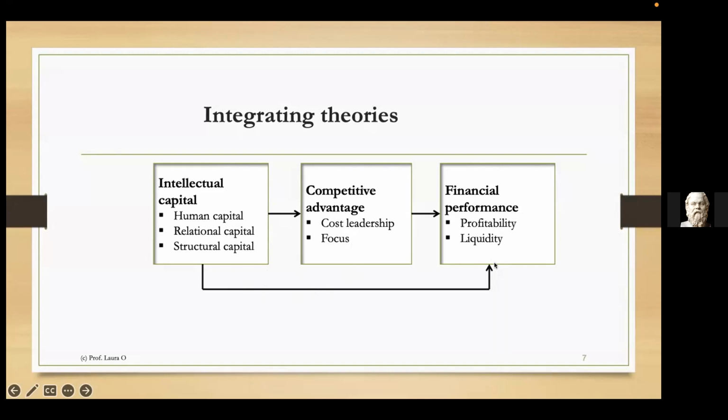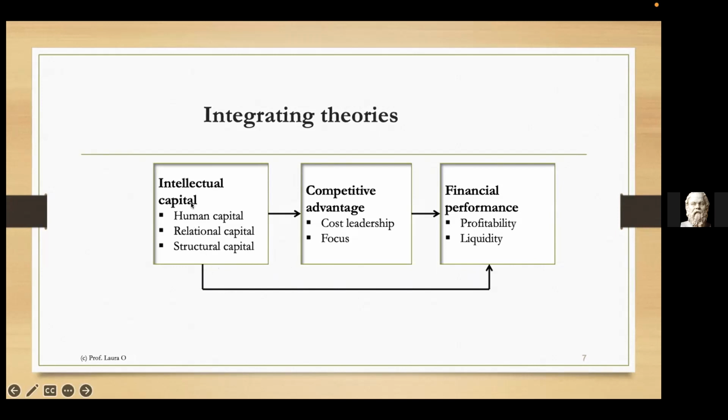So friends, the emphasis I'm putting here is, it's not a matter of saying, from the intellectual capital theory, I picked intellectual capital, and you stop there. From the competitive advantage theory, I picked the competitive advantage variable. No, go ahead and demonstrate how those concepts are related in your study, how they provide an explanation.